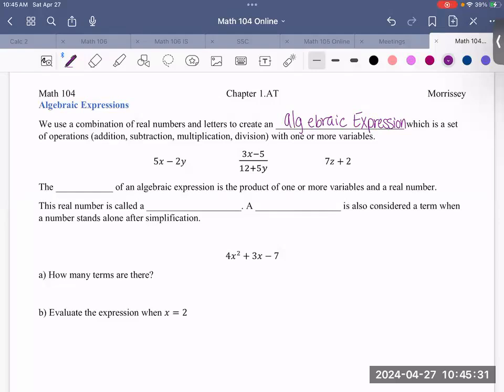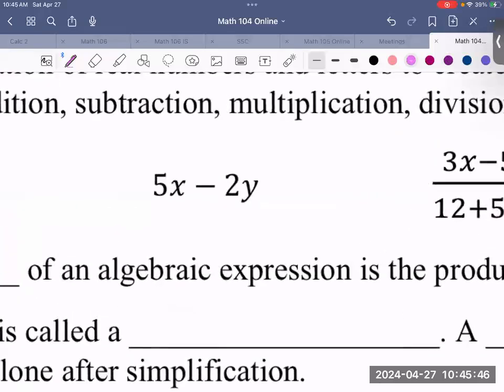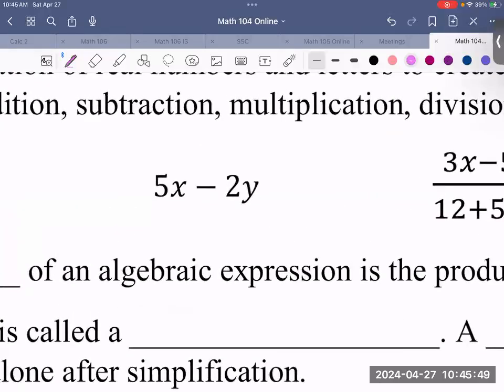So a term. The term of an algebraic expression is the product of one or more variables and a real number. So what that means is that these terms are going to be separated by addition or subtraction.